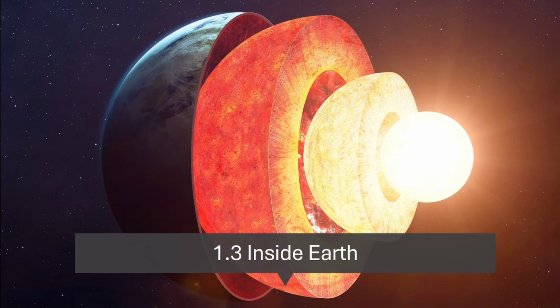So the crust is solid, the mantle is semi-molten, so it's partially solid. It's held solid under the pressure of the crust, even though it would become liquid under the heat.